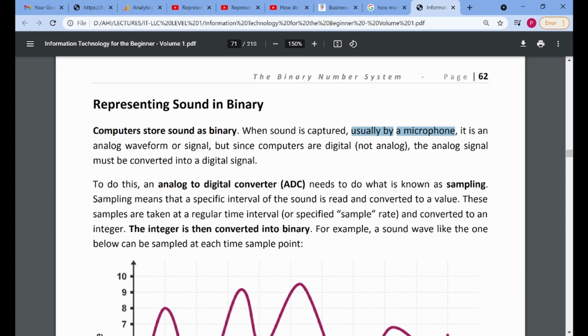As I speak, my original sound is analog sound. When sound is stored on the computer, sound is stored as digital sound, because the computer uses digits to represent the sound. So the sound in the computer will become a digital sound.